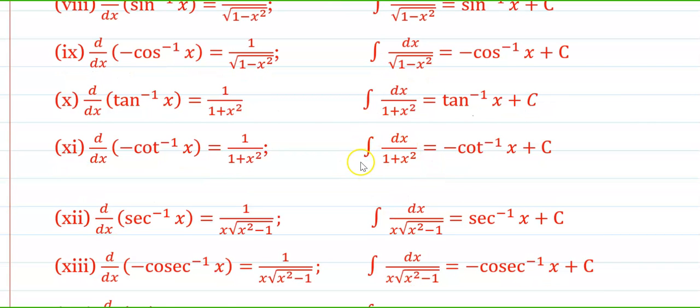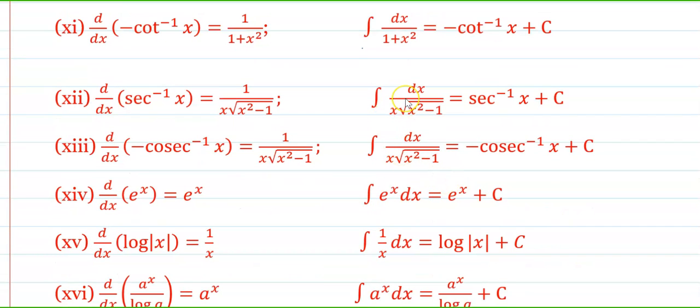Next, suppose that again I want to find out the integral of 1 upon 1 plus x square into dx. Then again I will ask the question, which is the function whose derivative is 1 upon 1 plus x square, and that's nothing but the minus cot inverse of x, and therefore the integral of dx upon 1 plus x square is equal to minus cot inverse of x.